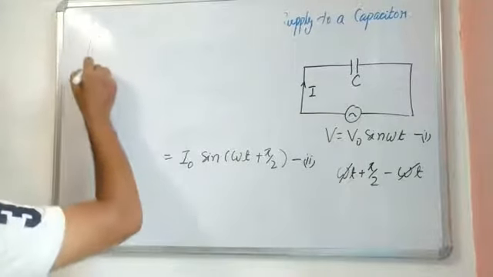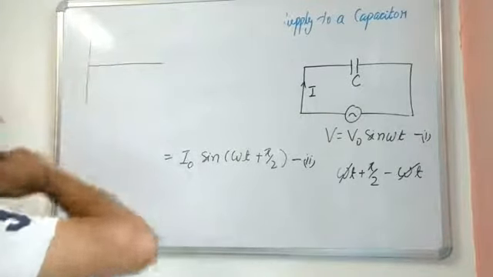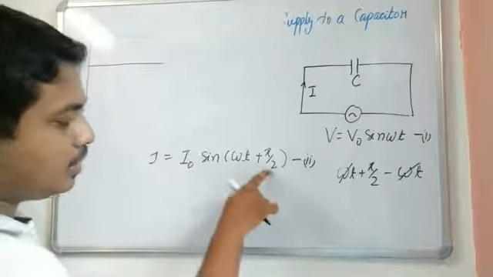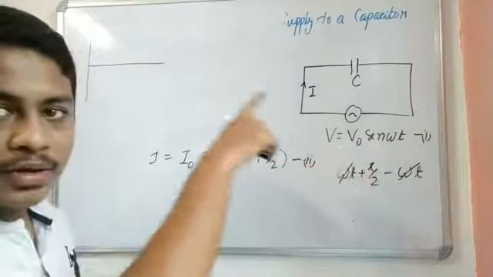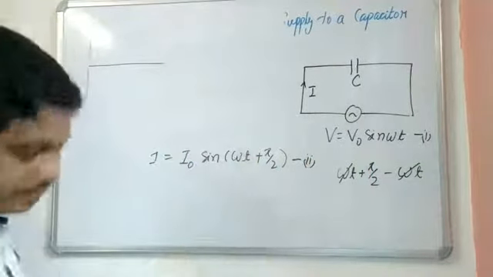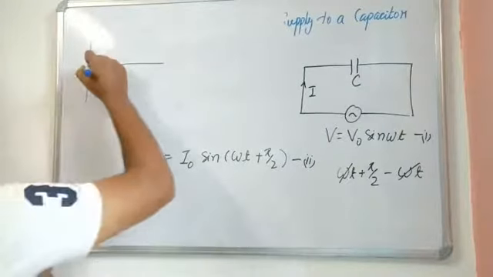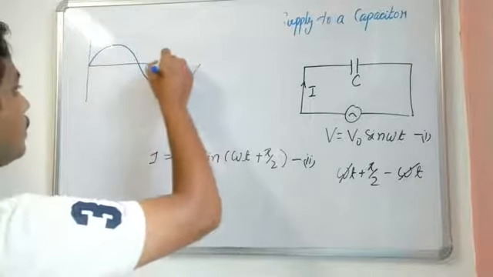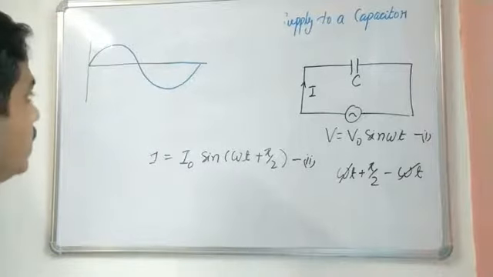First of all, you have to draw the wave. So here your current is I is equal to I naught sin omega t plus pi by 2, and V is equal to V naught sin omega t. That means your voltage is starting from the origin. Okay, your voltage is starting from the origin. This will be your voltage, the blue line.